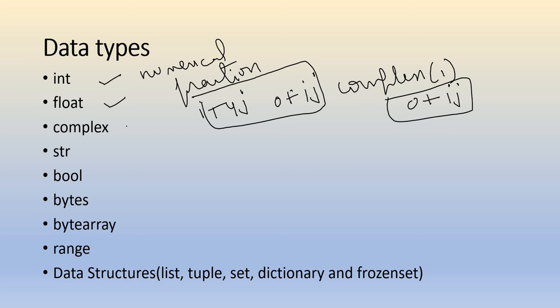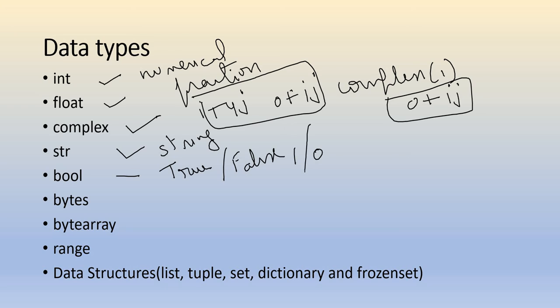So complex is a special type to display complex numbers in Python, and str is for the string data type. And bool shows you boolean, which has two values, either true or false, and true holds the value 1 and false holds the value 0.